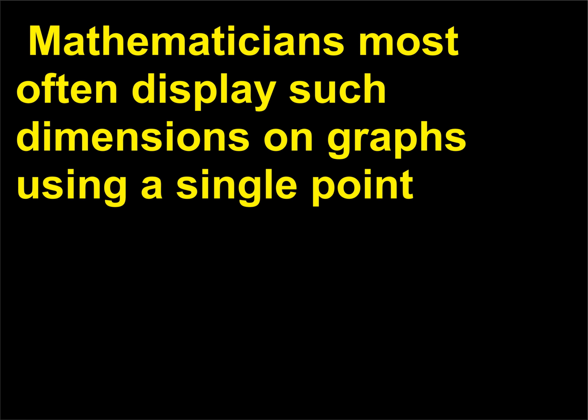Mathematicians most often display such dimensions on graphs using a single point, for example, x, to represent one dimension; 2 points, usually x and y, or an ordered pair, to represent 2 dimensions; and 3 points, usually x, y, z, for 3 dimensions.